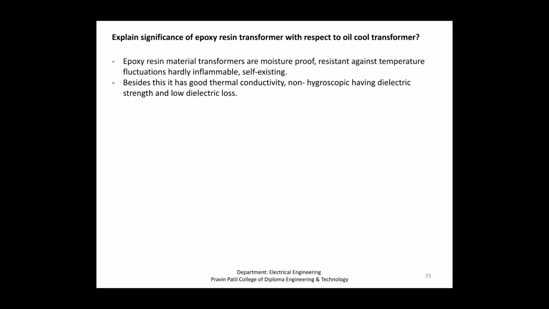Epoxy resin transformers are moisture proof, resistant to temperature fluctuation, hardly inflammable, and self extinguishing. Besides this, they have good thermal conductivity, are non hygroscopic, and have high electric strength and low dielectric loss.